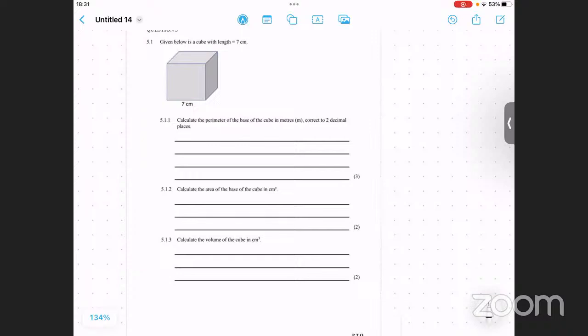So if the length is 7 centimeters, what's going to be the height and what's going to be the width of this cube? What's going to be this distance?